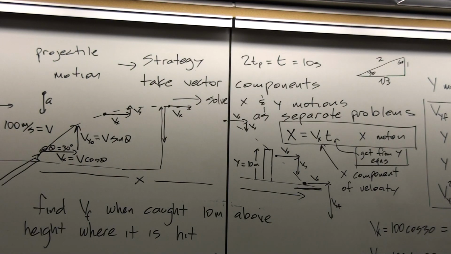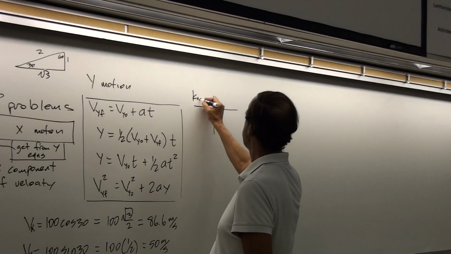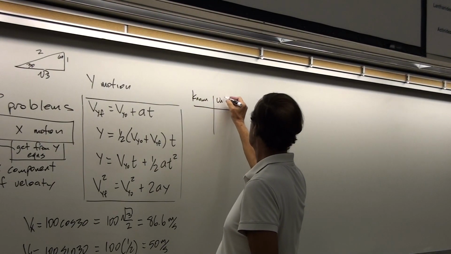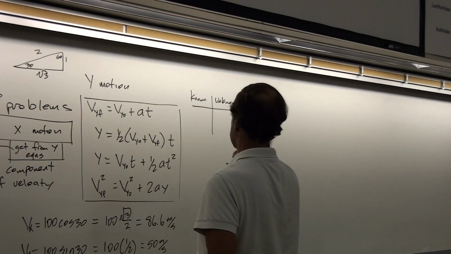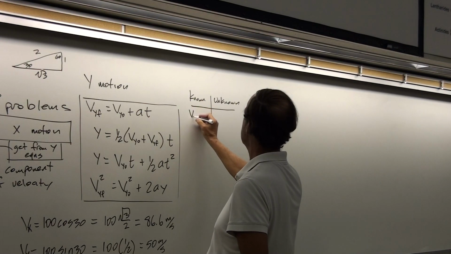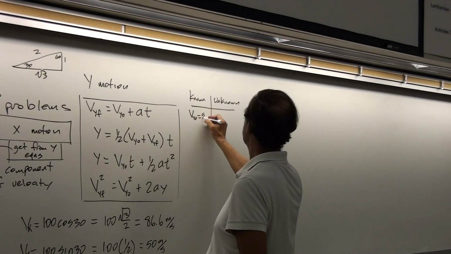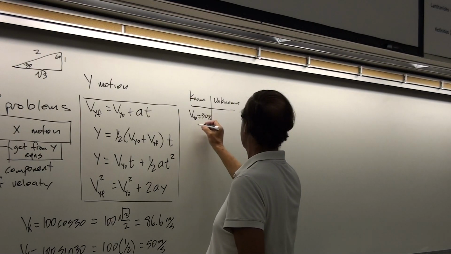So if we set up a table of knowns and unknowns, just like we did before, then we have Vy initial is 50 meters per second.